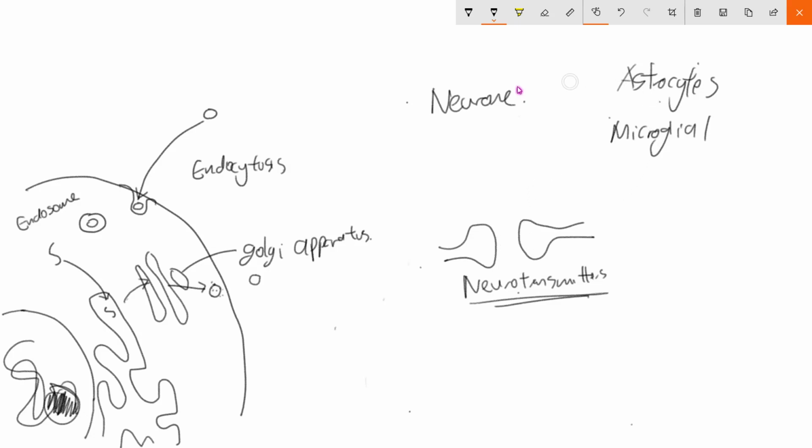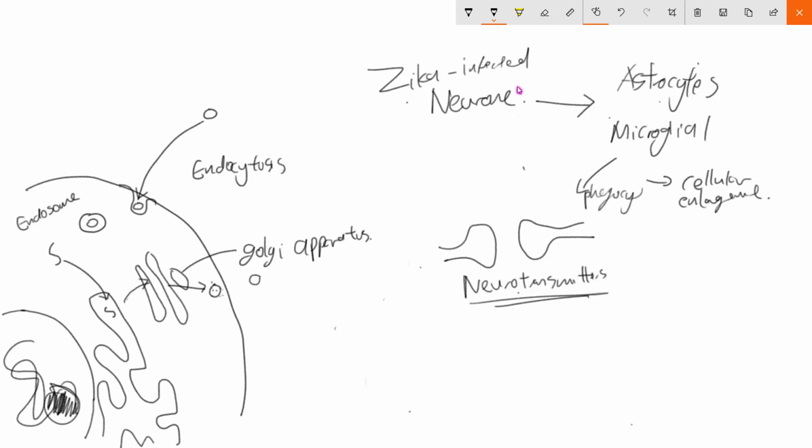So in the Zika infected neuron, it causes not exactly activation, but morphological changes similar to activation in these cells. It causes cellular enlargement, as well as, in the case of microglia cells, they phagocytose, or in other words engulf, your neurons.